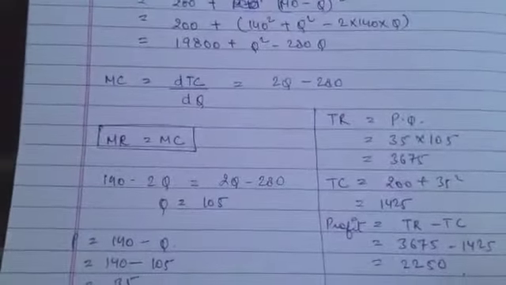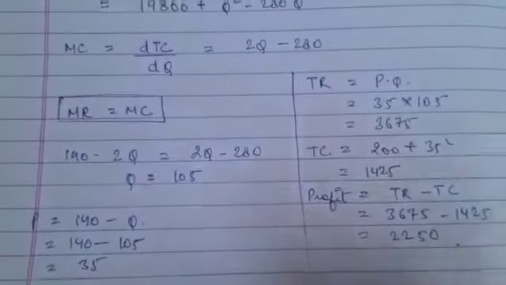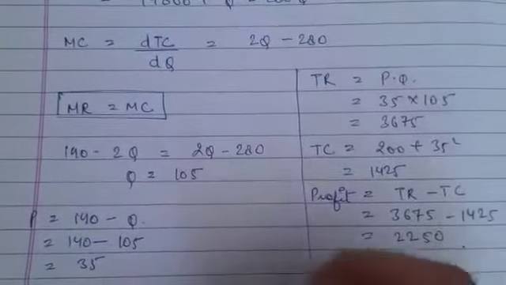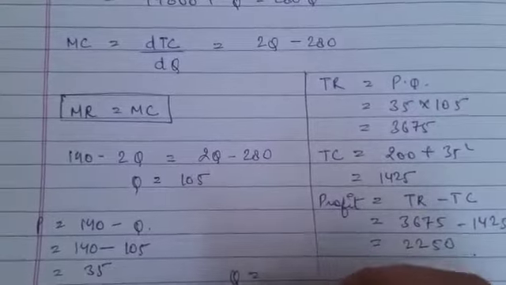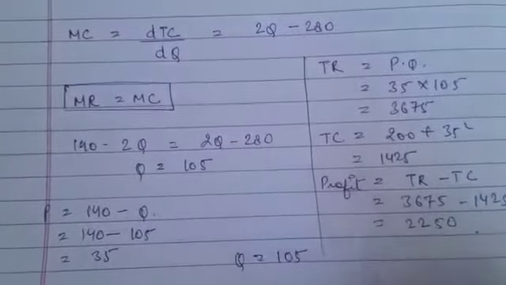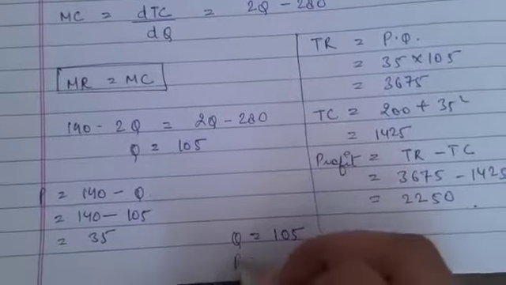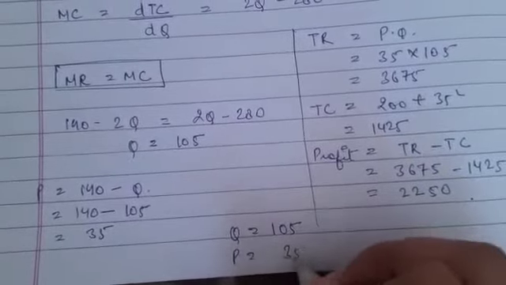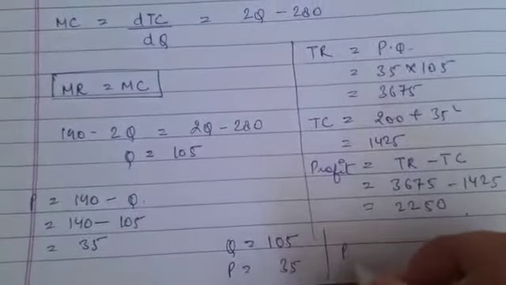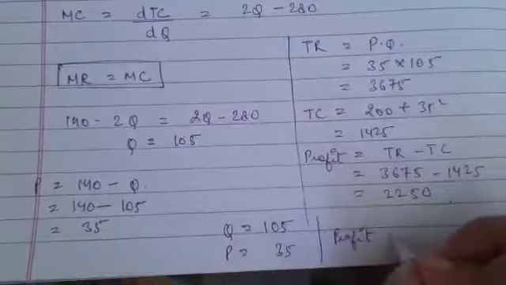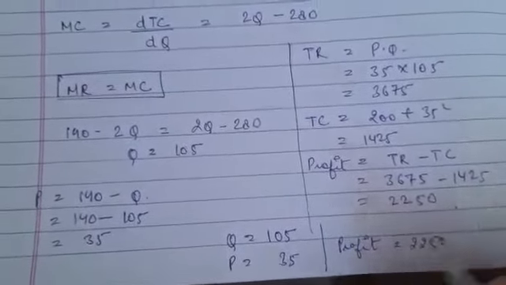So with this we got all the three values required in the question. Q equals 105, then price equals 35 and profit equals 2250.